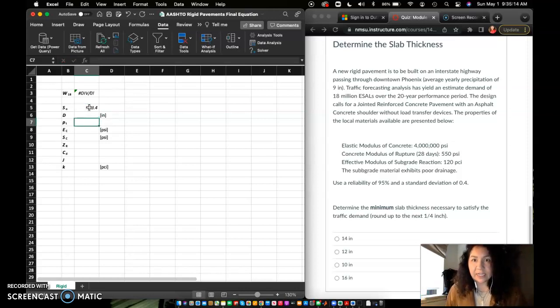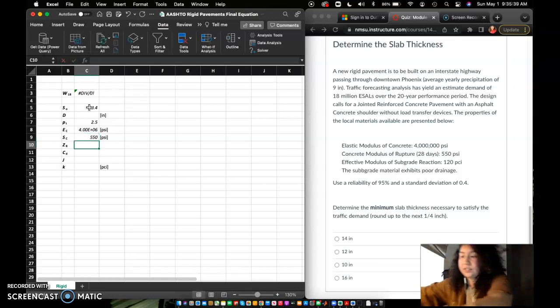This is in downtown Phoenix, so it's going to be a major highway. I'm going to use 2.0 for my serviceability. My elastic modulus is 4E6. My modulus of rupture is 550.